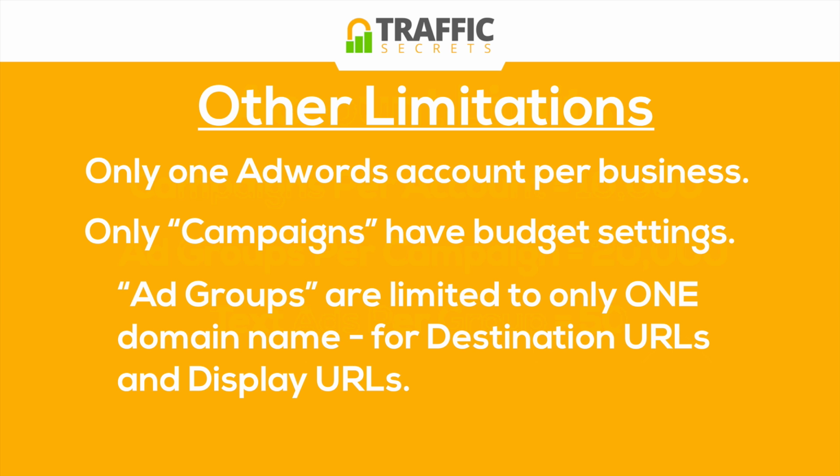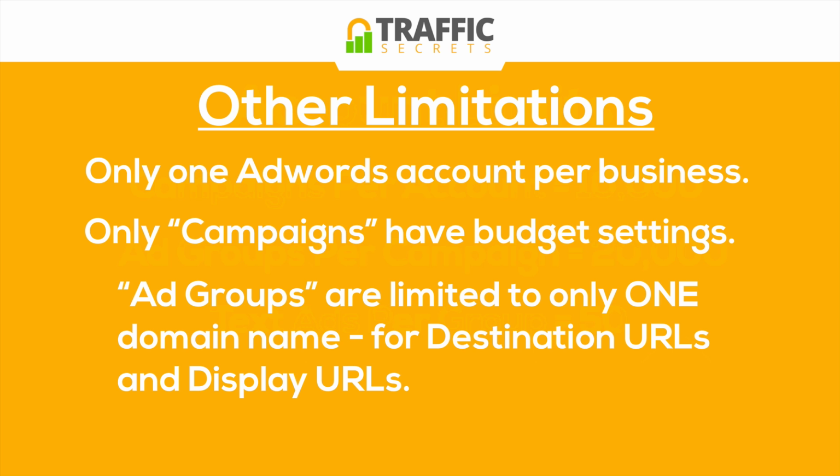So you're probably already thinking that's not very good strategy. Well, it's not. There are some very good reasons to have multiple campaigns and multiple different budget settings, and the ability to set them at higher or lower rates and have them run independently of each other, for when they exhaust funds or when they may run for a longer period of time with a larger budget, and so forth.